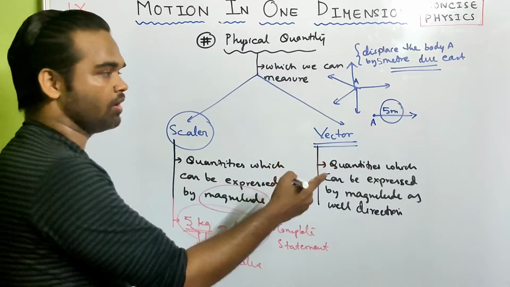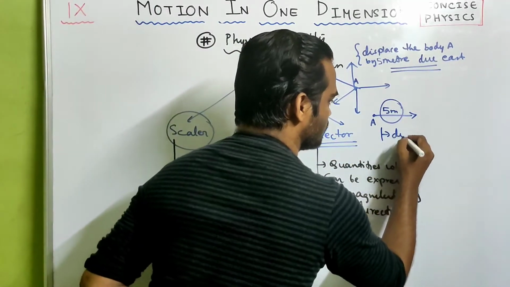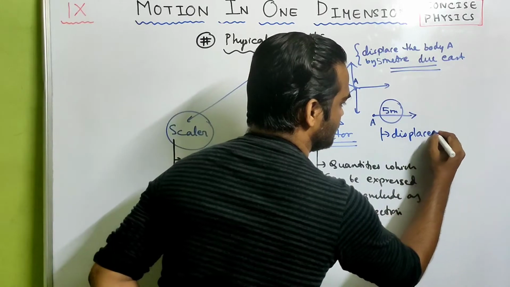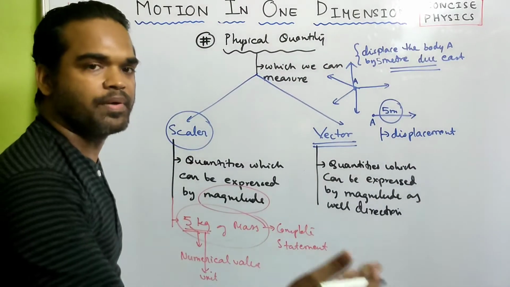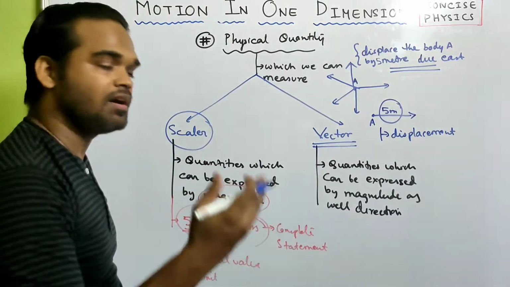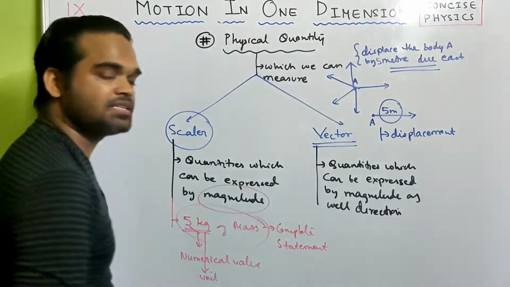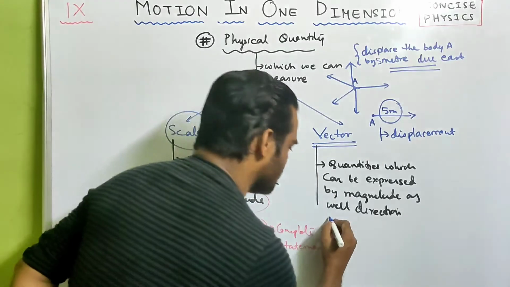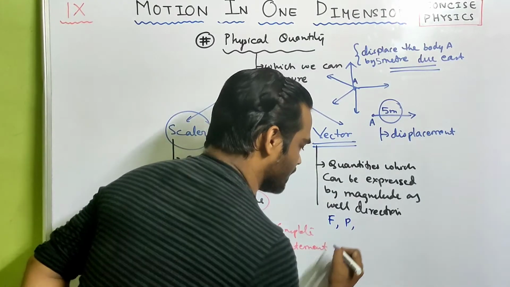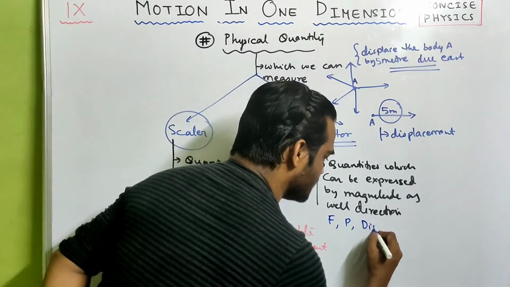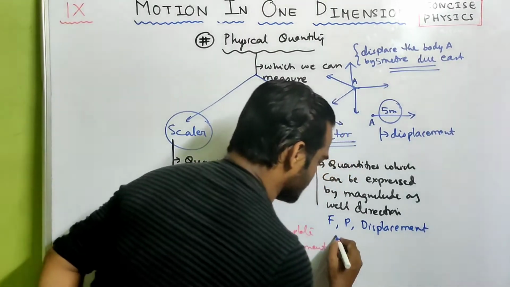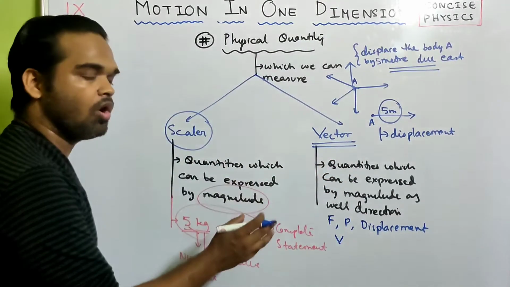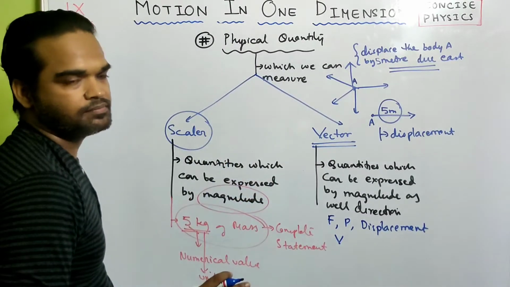So this kind of quantity, displacement, always has a direction. Force, pressure, they always have a direction. So they are known as your vector quantity, like force, pressure, displacement, velocity. These are all your vector quantity.